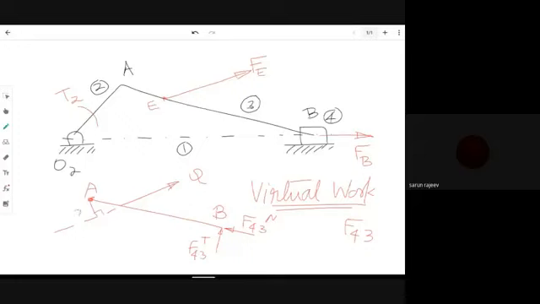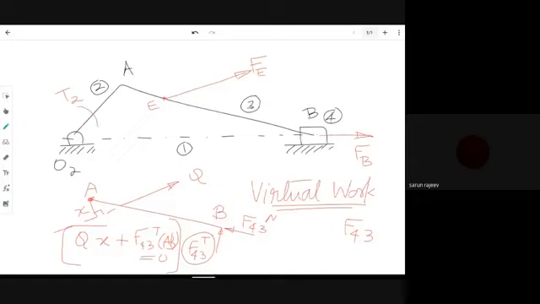You have the perpendicular distance x here. So when you calculate the moment about point A, the equation was Q into x plus F43t into length AB equal to 0. This was the equation that we obtained. From this we obtained the direction and value of F43t.